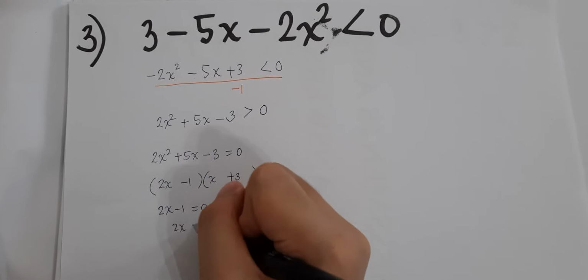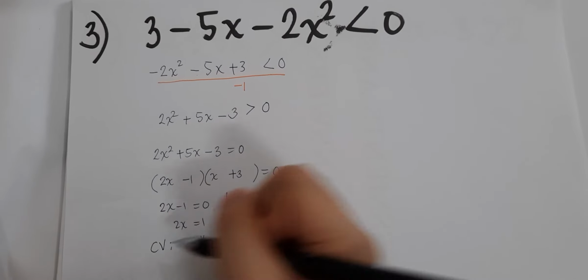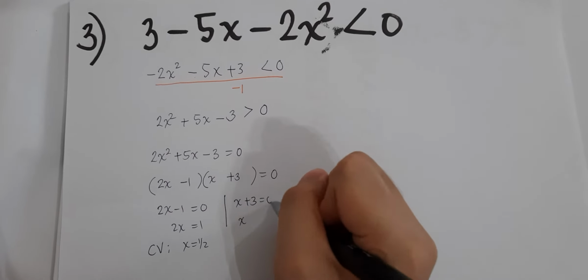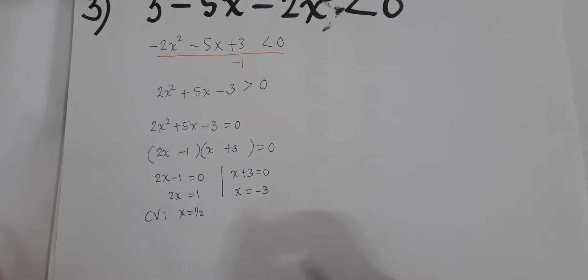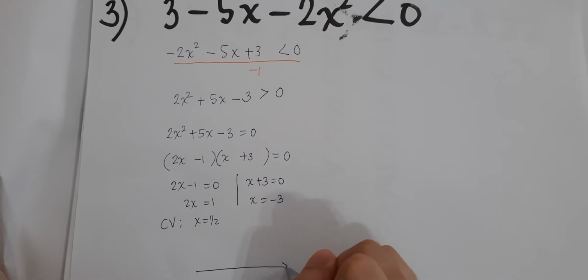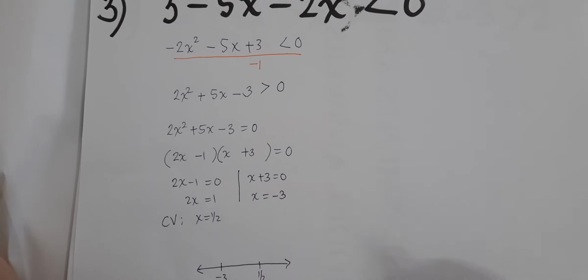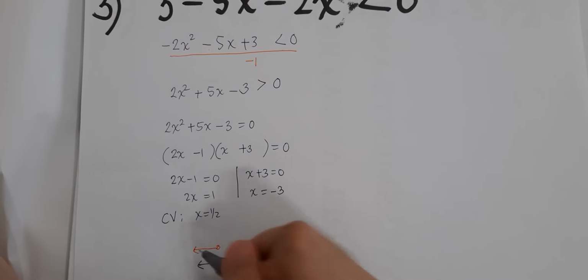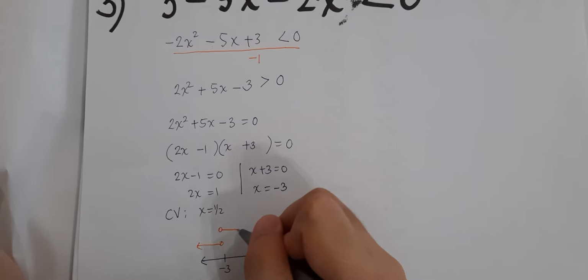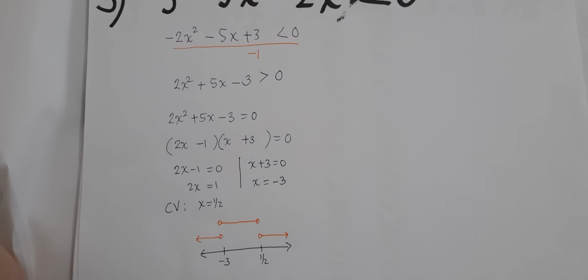So 2x equals 1, x is 1/2. This is your first critical value. And your second critical value is -3. You will put a real number line dividing this based on the critical values. So you have 3 options: less than -3, -3 to 1/2, or greater than 1/2.